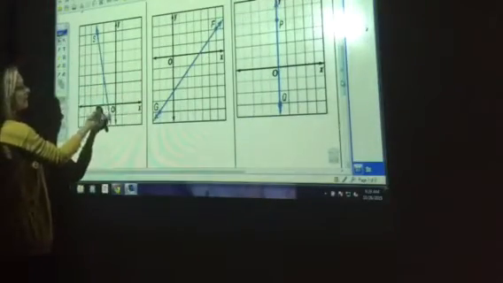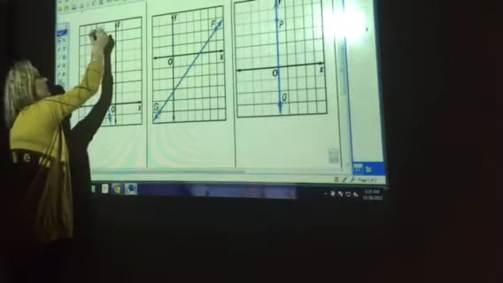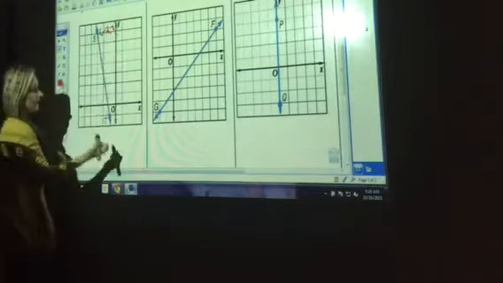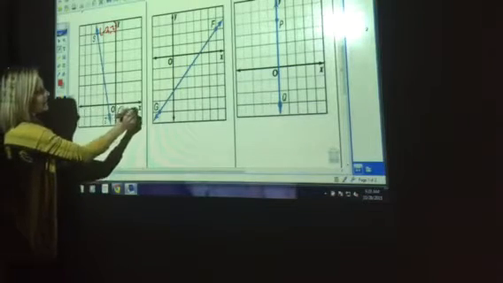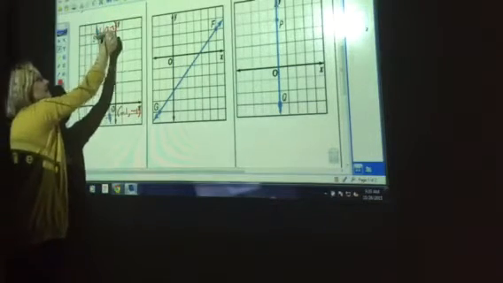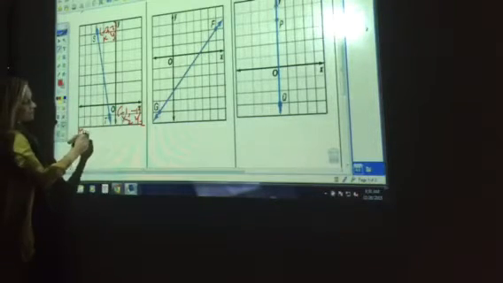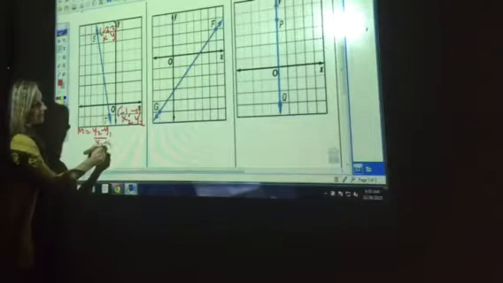Okay, so if I look here at S, I've got negative 2, 7. And then T is the point negative 1, negative 1. Remember, here's my X1, Y1, my X2, Y2. So M is equal to Y2 minus Y1 over X2 minus X1.